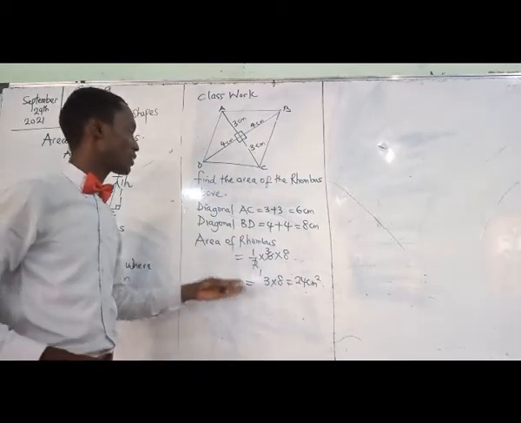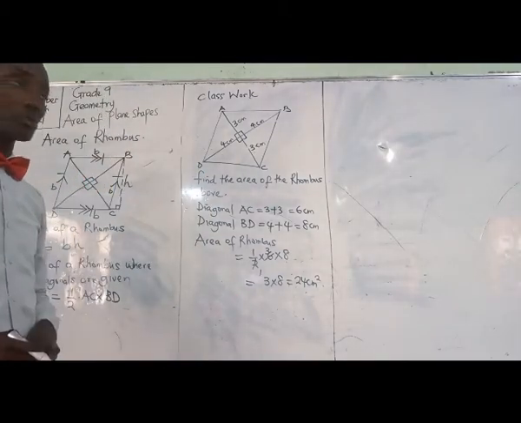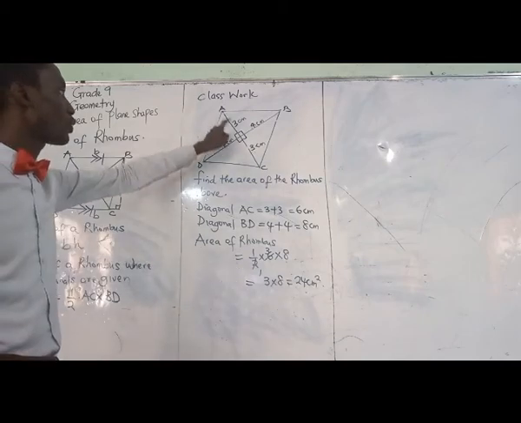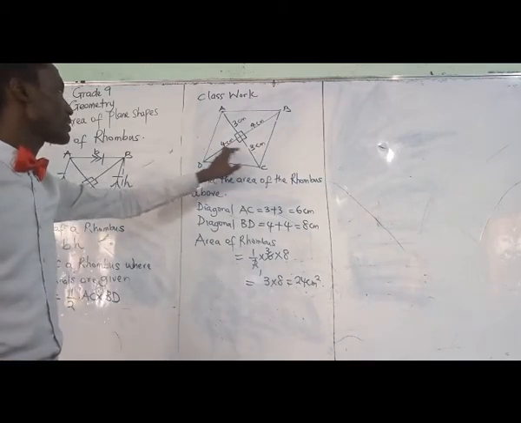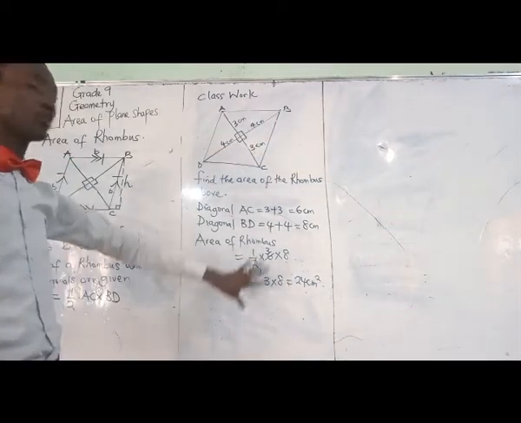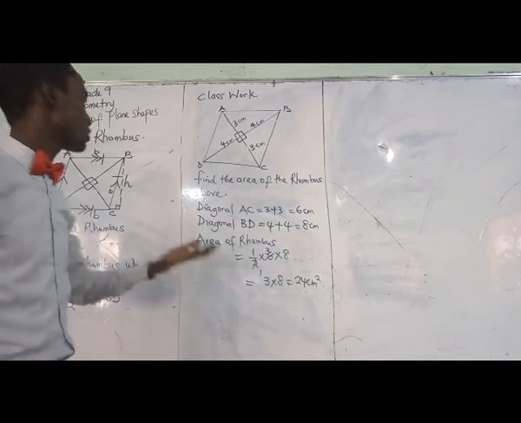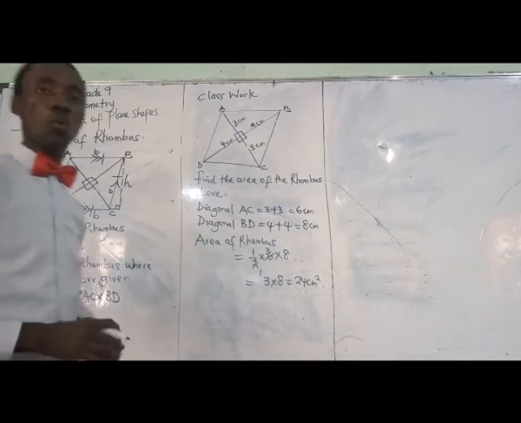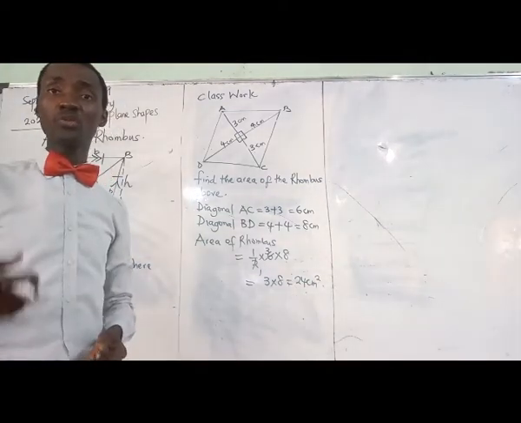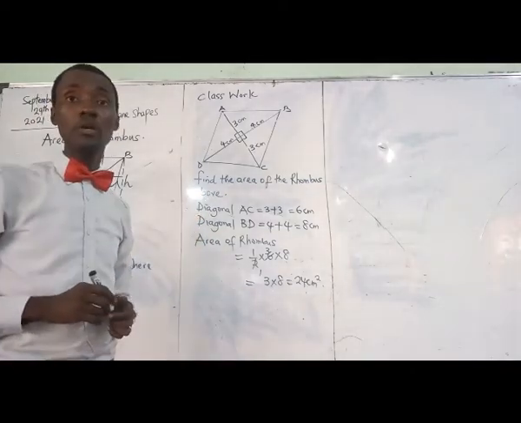So that's it. Area of the rhombus using your diagonal method: half of this diagonal times this diagonal. So using the other method will not be a problem for you, because if you just imagine what you have done when we were considering the parallelogram, it becomes easy for you to handle this problem.